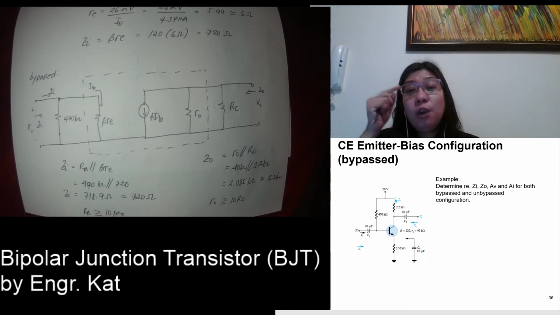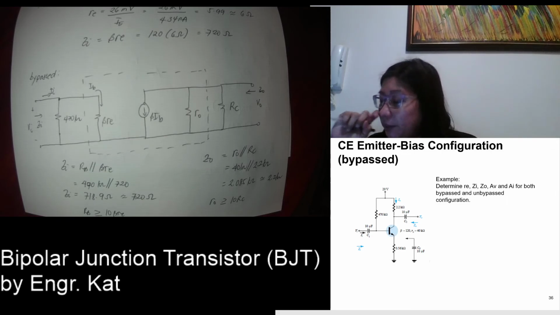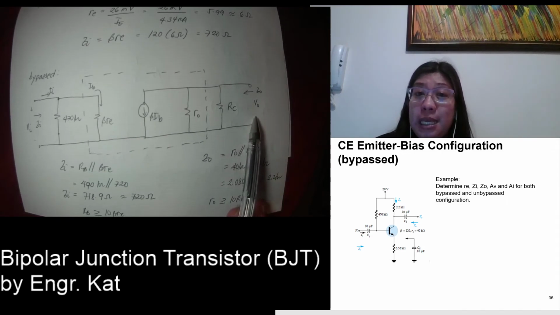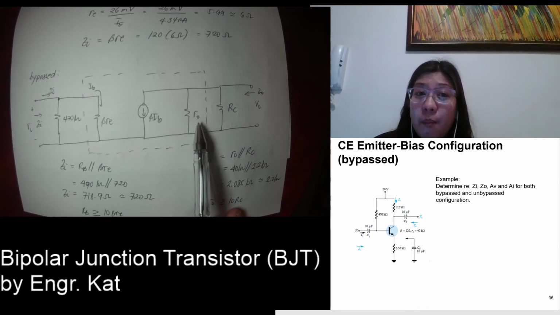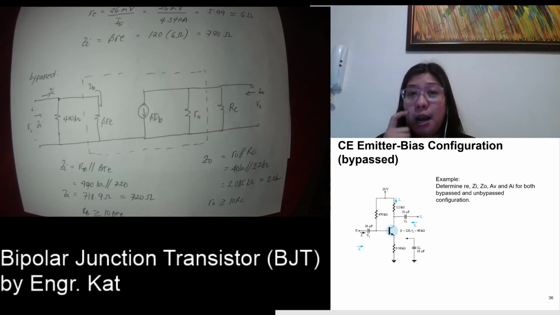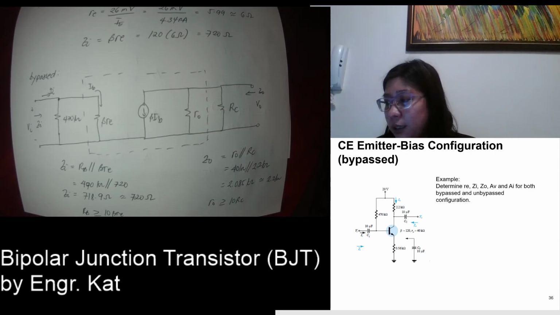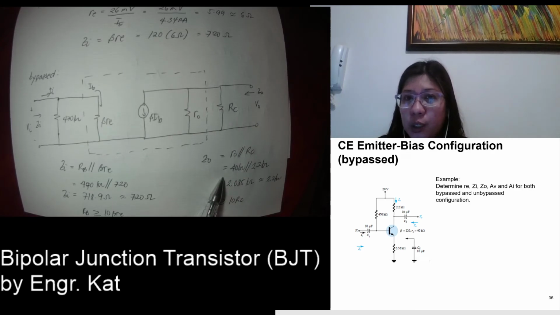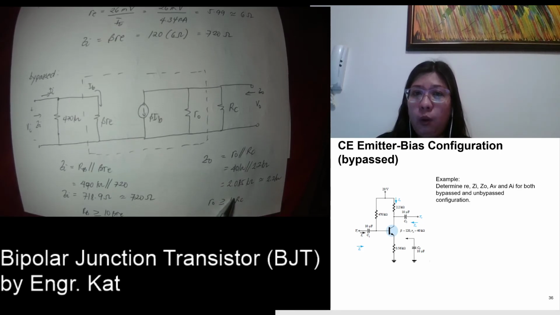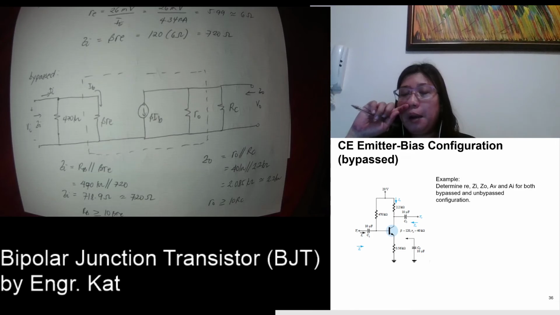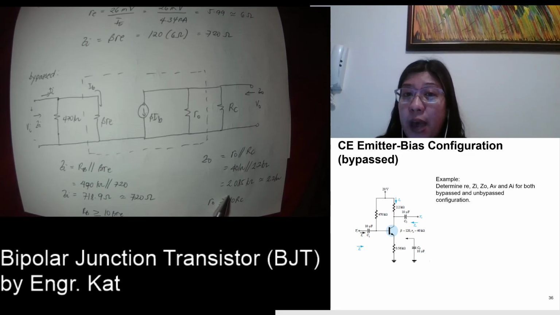Okay? Likewise, at the output side, what can we see? We can see an output impedance, which is the parallel combination of your RO and your RC. So getting the parallel combination of your RO and RC, that will give you 40 kilo ohms in parallel with 2.2 kilo ohms. Getting the product over sum, that will give you 2.085 kilo ohms.